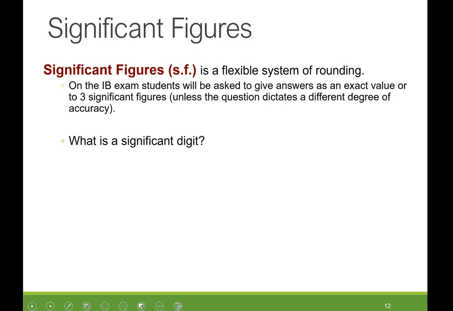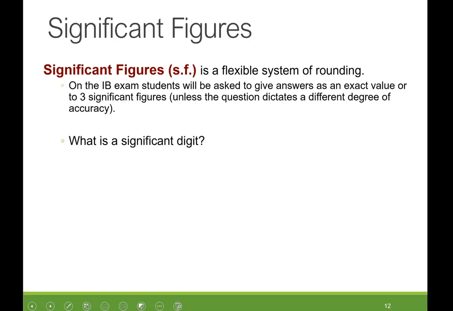It's implying you used some kind of hypersensitive tool that you did not use. You used a 1 milliliter tool, and then you divided that number by 3. Dividing by 3 cannot make that measurement more accurate than when you started. That's the idea. So when you keep that in mind, the rules for significant figures become a little bit simpler.